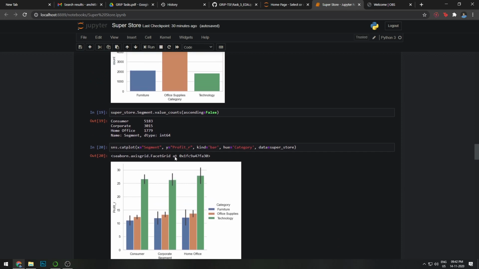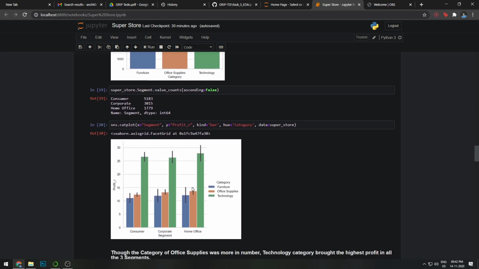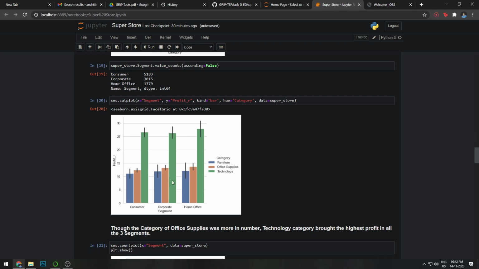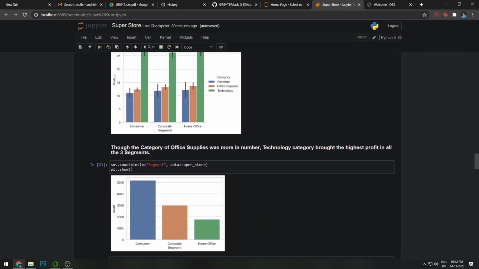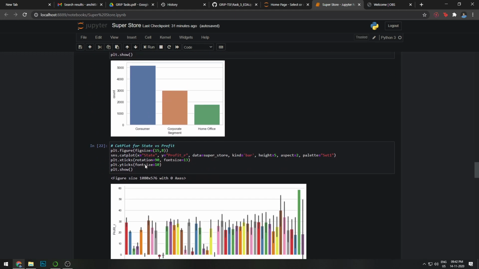However, as we have seen, office supplies were largest in number, but the technology category was the one that made the highest profit, as we can see under all 3 segments. We did the count plot for this segment, and we can see that the consumer are among the highest in number.